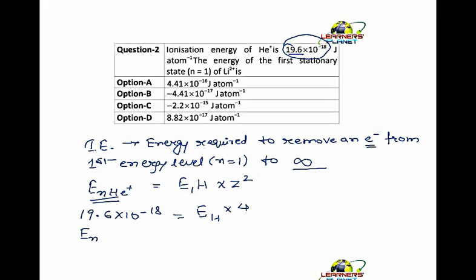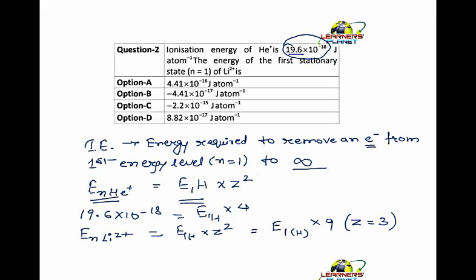Now, what is your energy of lithium? That is equal to the energy of hydrogen multiplied by Z square again, right? E1 of hydrogen. So this is equal to E1 of hydrogen into 9. Why? Because the atomic number of lithium is 3. Okay?